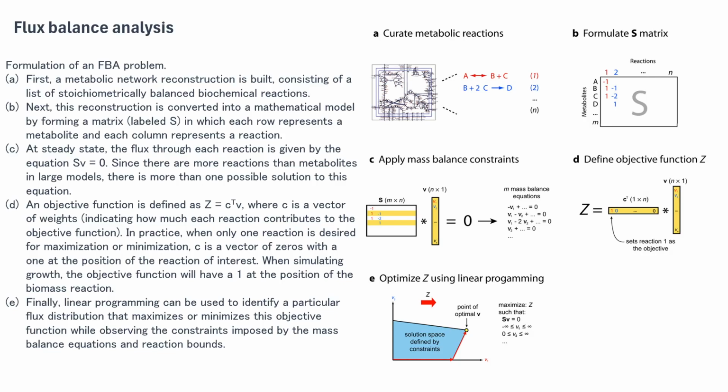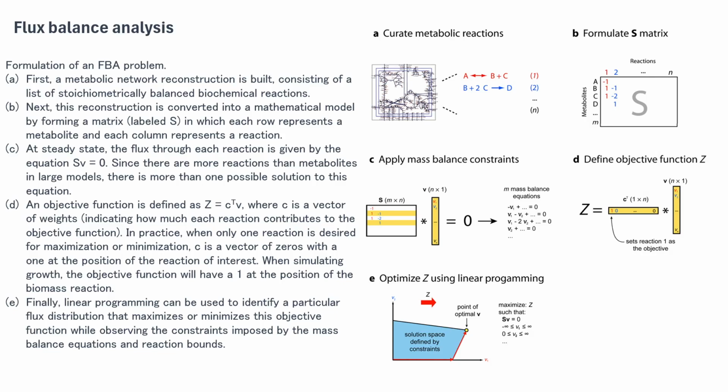An objective function is then defined as Z equal to C transpose V, where C is the vector of weights indicating how much each reaction contributes to the objective function. In practice, when only one reaction is desired for maximization or minimization, C is a vector of zeros with a one at the position of the reaction of interest.